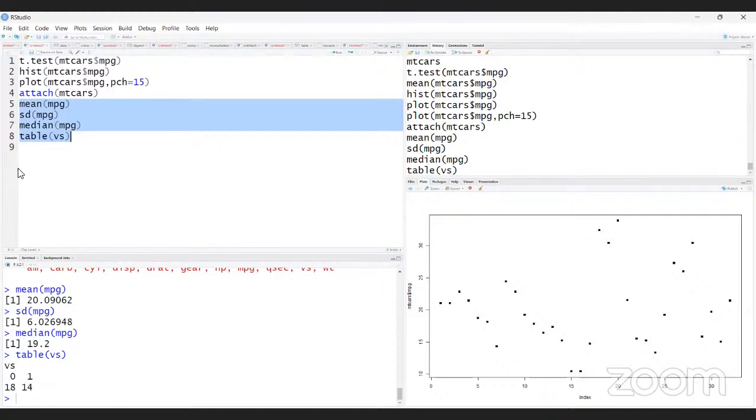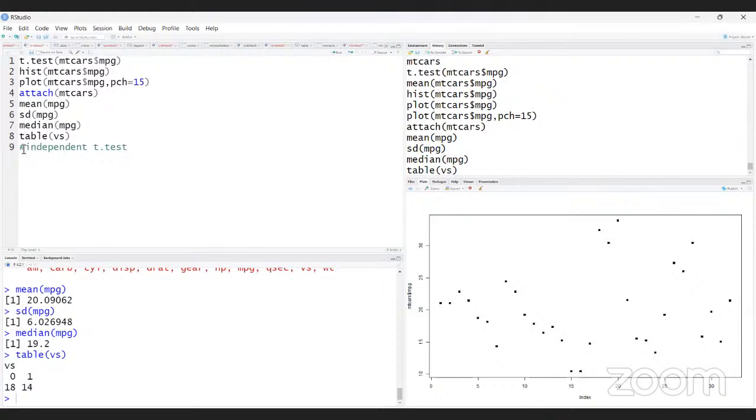Now, here I am writing one command, independent t.test.